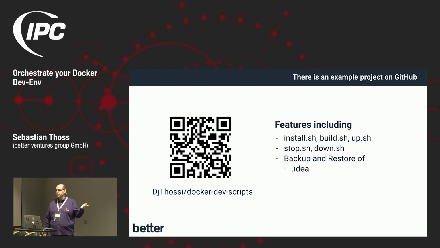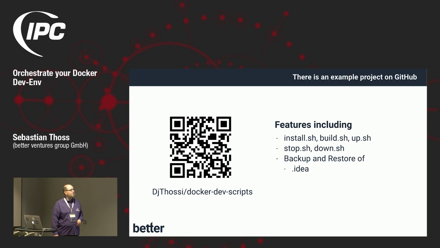All of this is then gone. So we set up, okay, let's back it up. So let's have a backup and restore feature. So if for this project which gets installed, an idea folder is existing already in the backup folder, then it will restore it. So you simply restart your PHP Storm on that project, and everything works as usual.